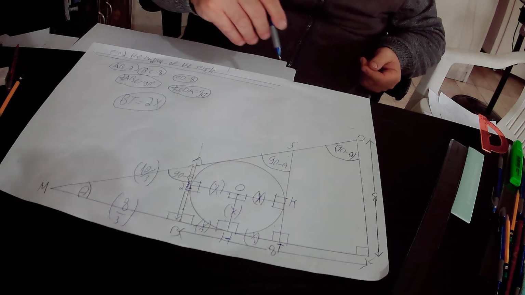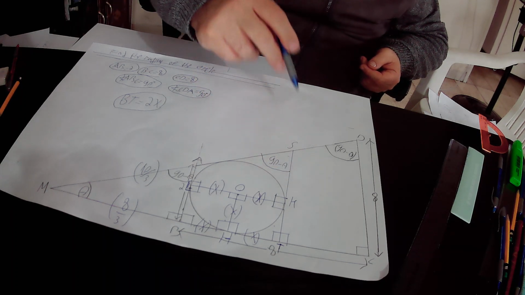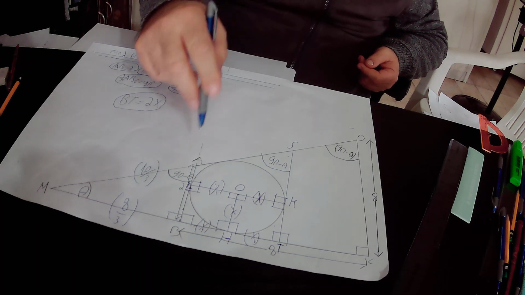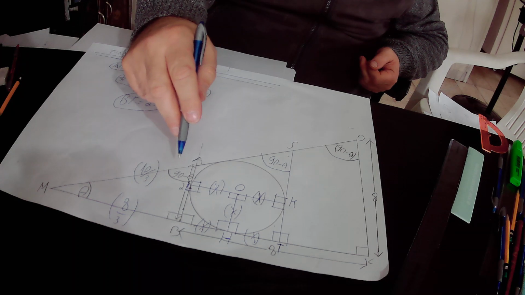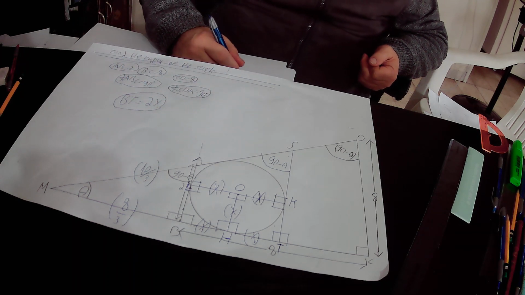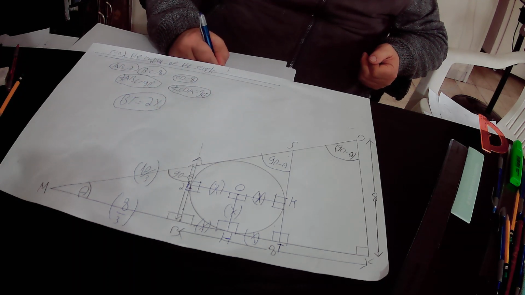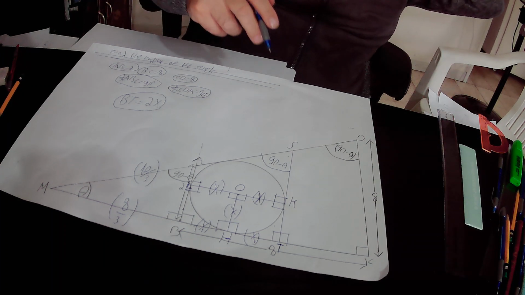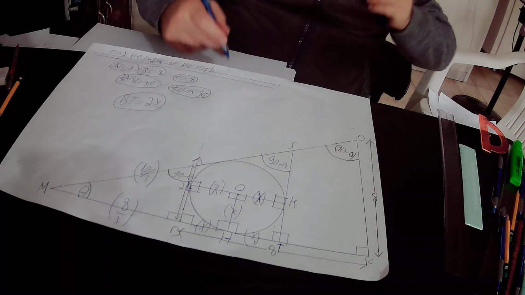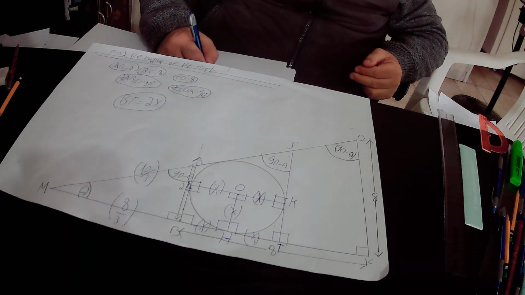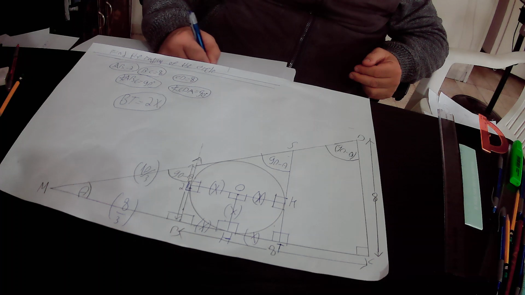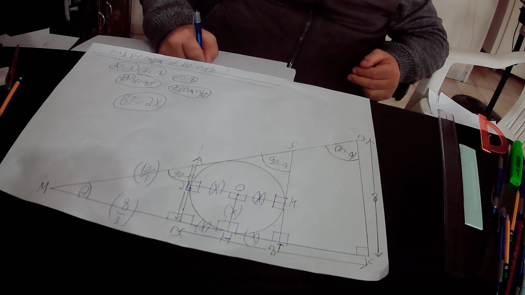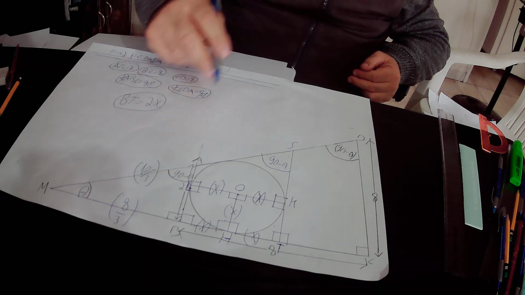We will derive that side ST in the right middle triangle STM over side AB in the right small triangle MBA equals side TM in the right middle triangle STM over side BM in the right small triangle MBA.